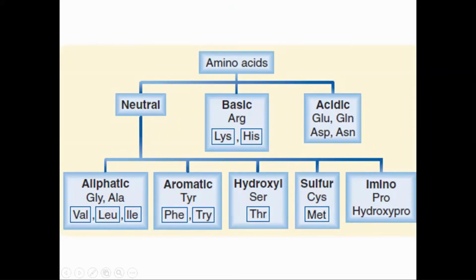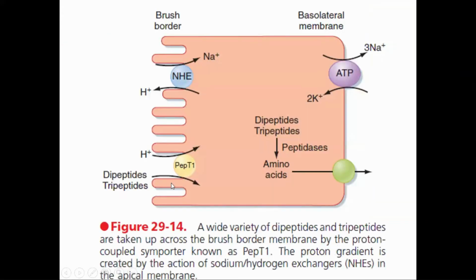They are all absorbed, and this is also the same transporter mechanism. Sodium and dipeptides, tripeptides are transported; hydrogen and dipeptides, tripeptides are co-transported. Sodium and amino acids are transported by the sodium amino acid co-transport, a secondary active transport.